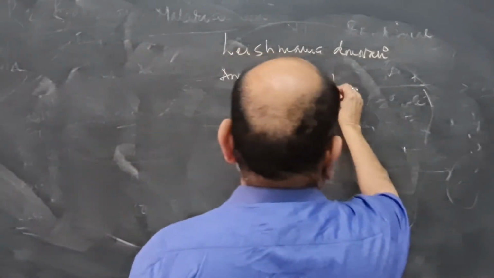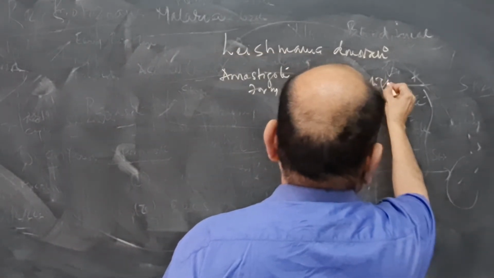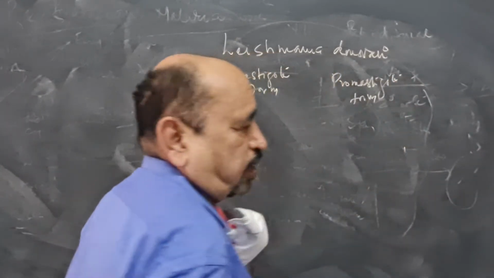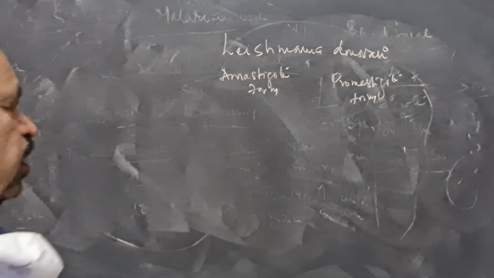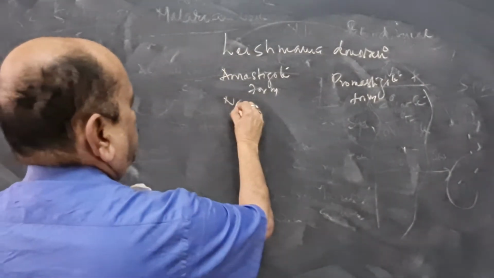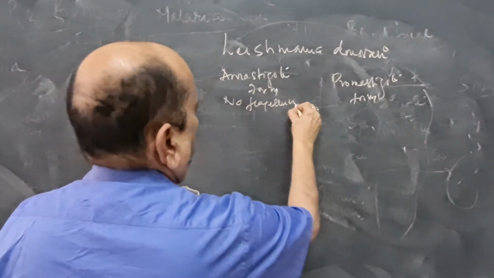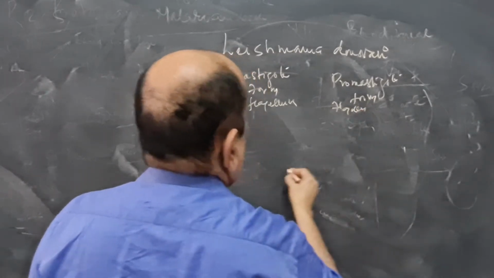It occurs in amastigote form and promastigote form. Amastigote form means no flagellum. In this one, a flagellum is there.